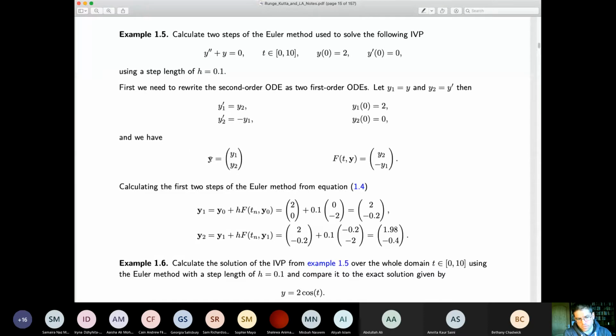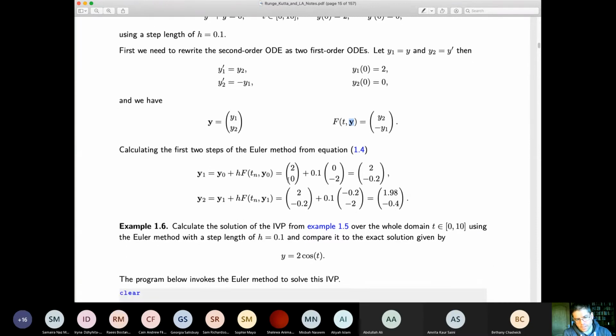We call y as y1 and y2, and I call the right-hand side big F for the vector, which is a function of the vector y. The right-hand side is y2 minus y1, and our method is just applied to the vectors themselves.